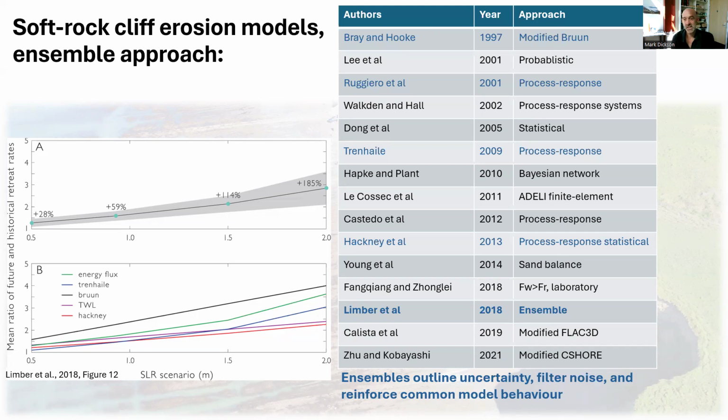And interestingly, all models used in this particular study, this is for the Californian coastline, predict a steady increase in soft rock cliff erosion rates with sea level rise. Notably, the Trenhaile and the energy flux models predict a somewhat higher increase in coastal erosion rates because they're very sensitive to wave impacts on the cliff, and these impacts increase non-linearly with sea level rise.